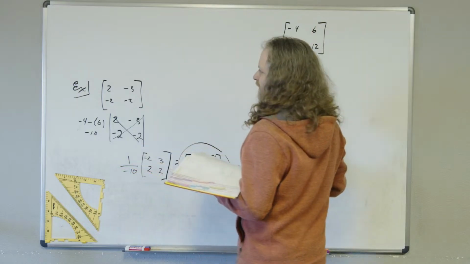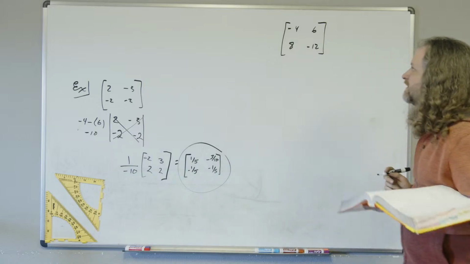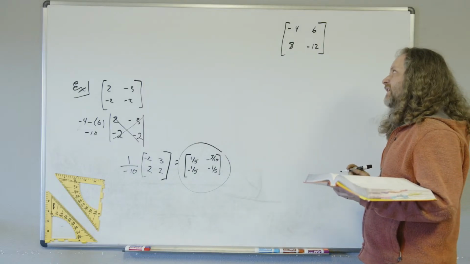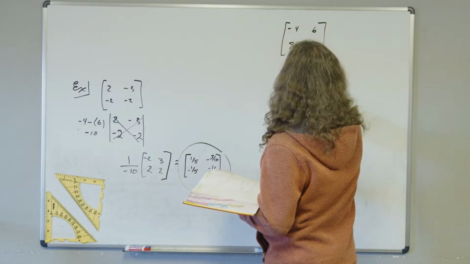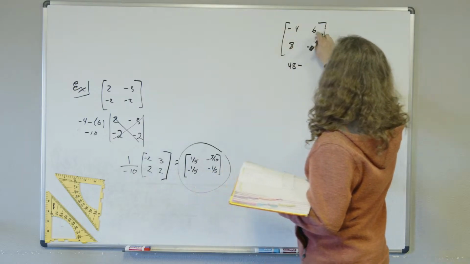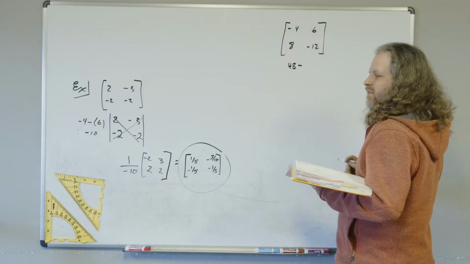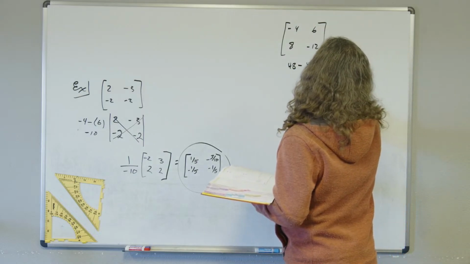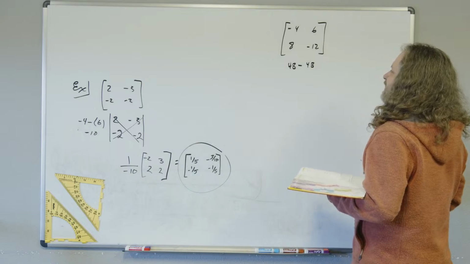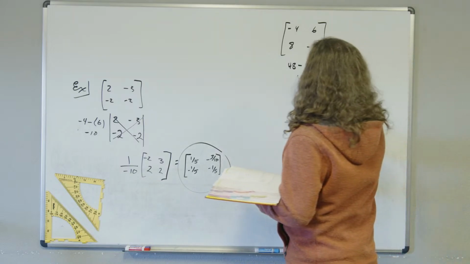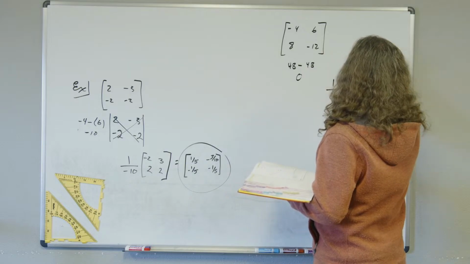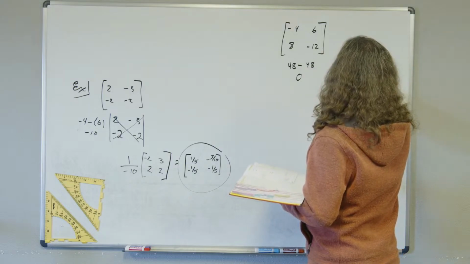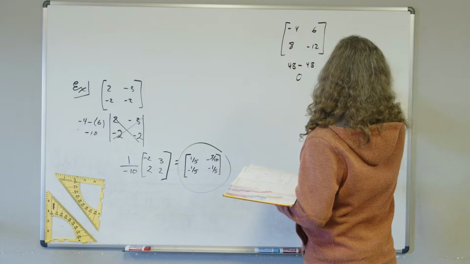We should start out by finding the determinant. Negative 4 times negative 12 is positive 48, minus 8 times 6 is 48. 48 minus 48 is 0, so we would have to be multiplying times 1 over 0. Therefore, it does not exist.